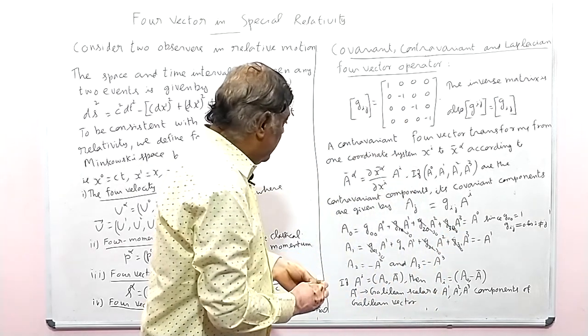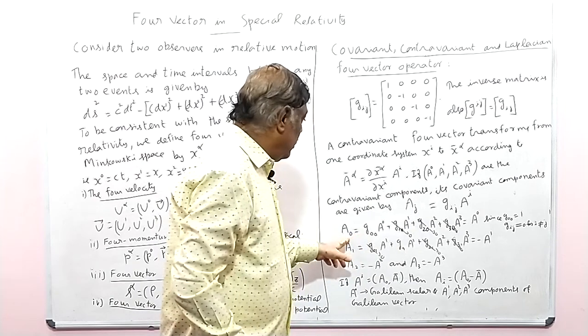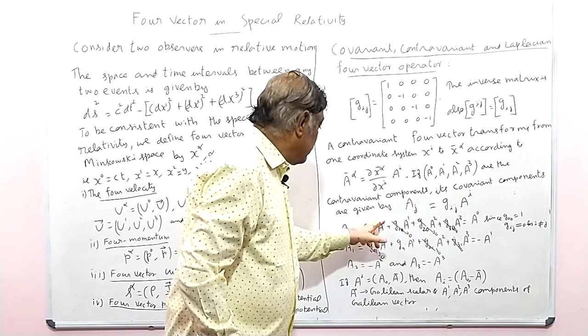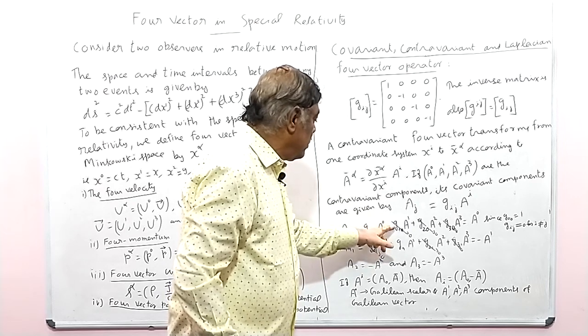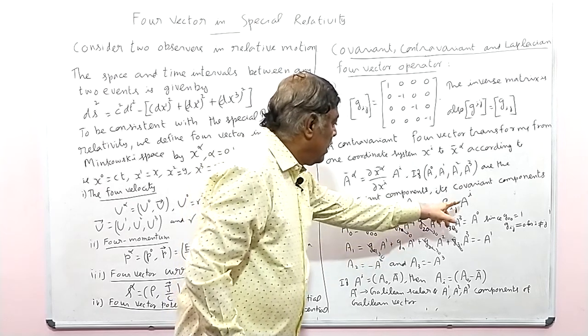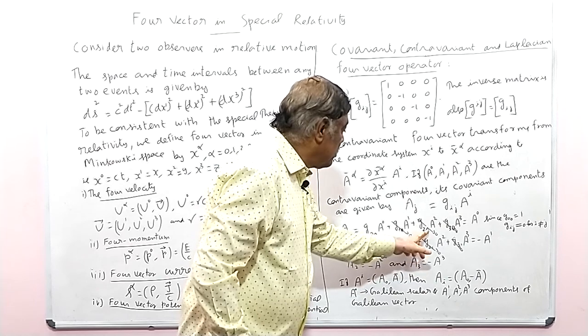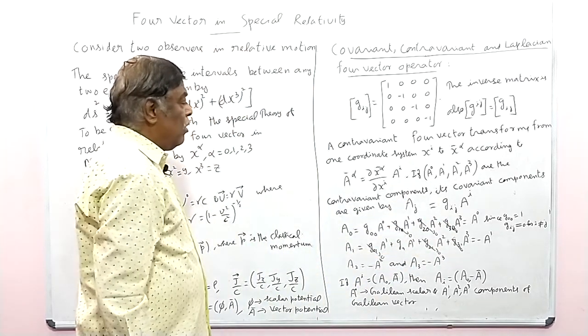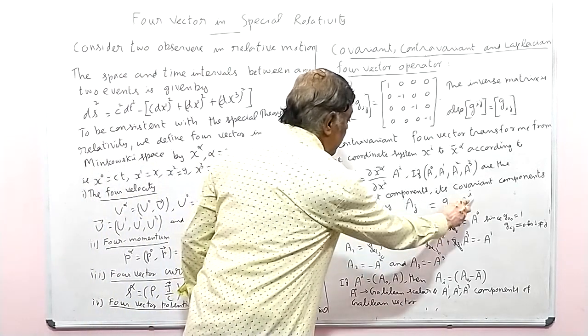So you put j equal to 0 and perform the summation over i.